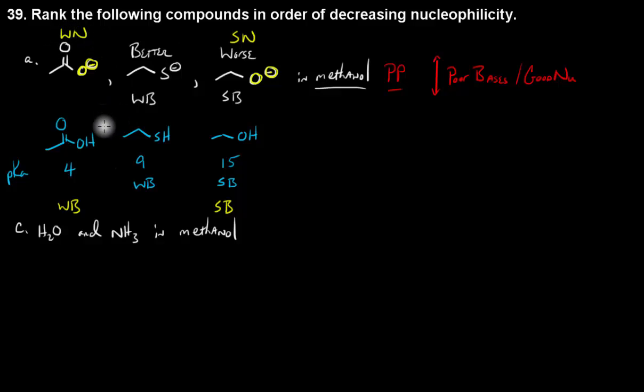Going back to the original comparison between the conjugate base of the thiol and the ethoxide, because we're going vertically along the periodic table and we're in methanol, the nucleophilicity basicity trend is inverted. So the weaker base is actually going to be the better nucleophile.